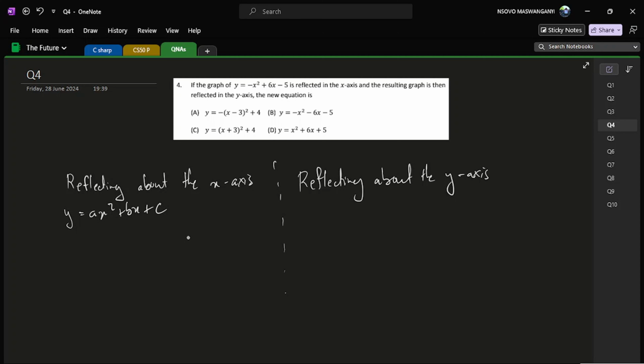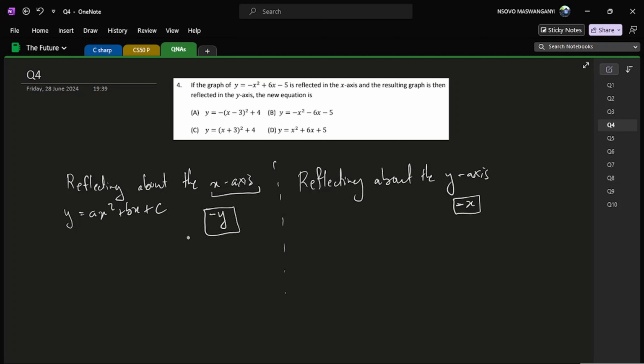When we reflect about the x-axis, we put a negative in front of y. Reflecting about the y-axis makes us put a negative in front of x. This is very important because we'll be using this as we try to solve this question.